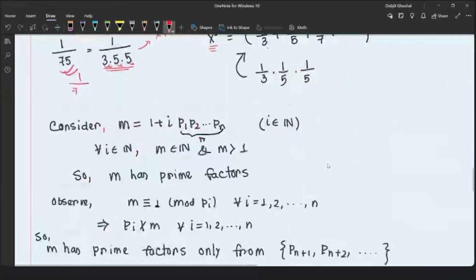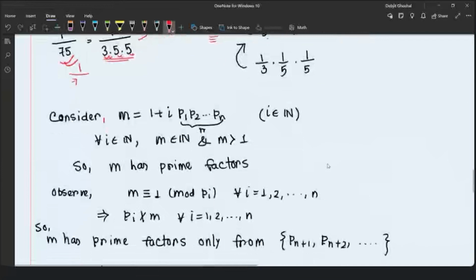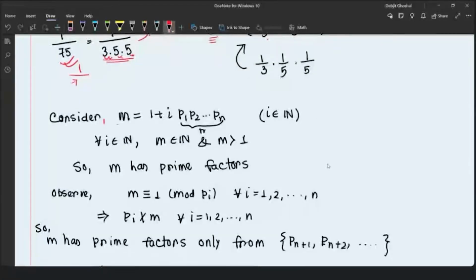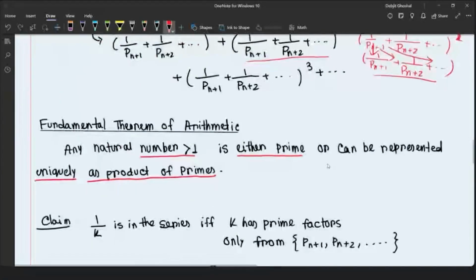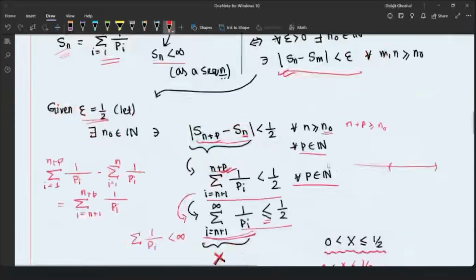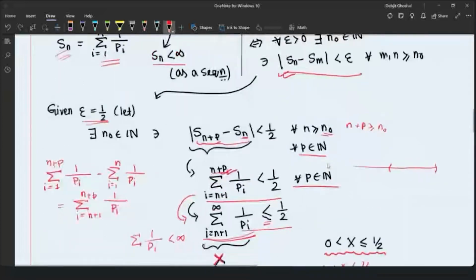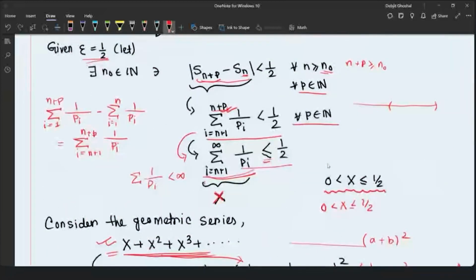Okay. So now I am constructing a natural number m, which is nothing but 1 plus r into p1 p2 up to pn. By the Cauchy criterion, we get this series. So what is our x? x is the sum for i equals n plus 1 to infinity.